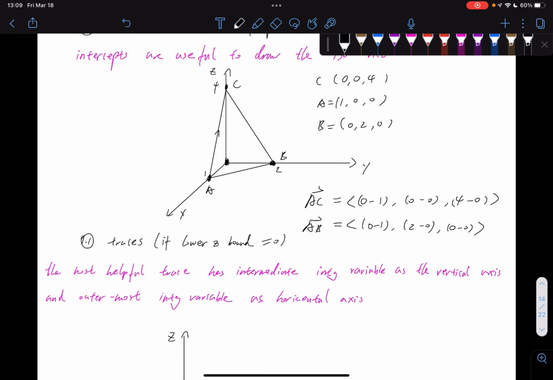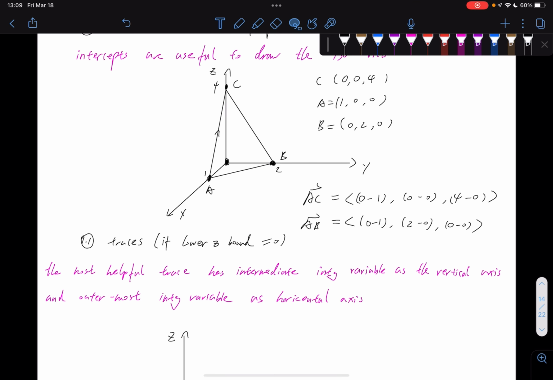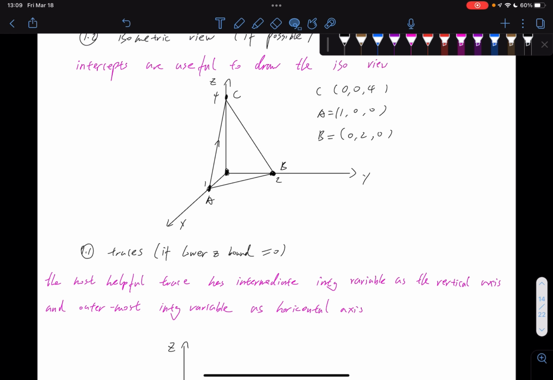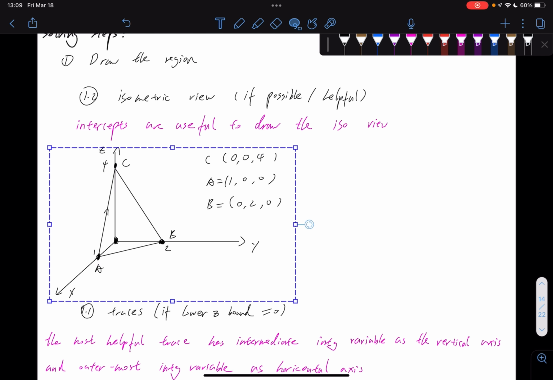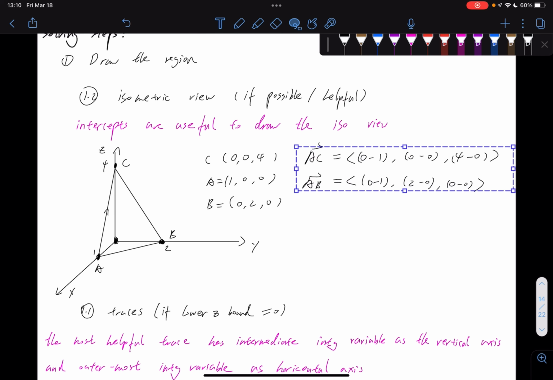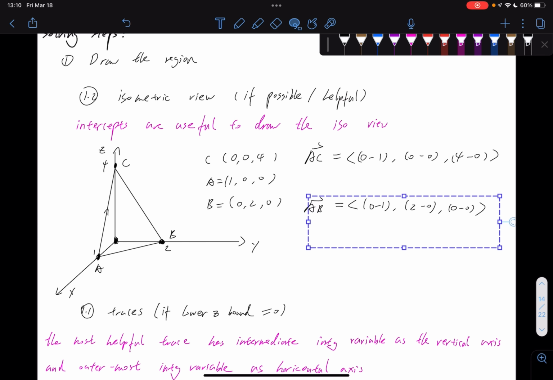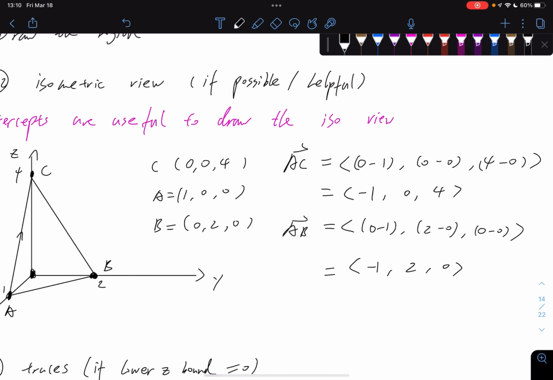So AC and AB equal: AC is -1, 0, 4, and AB is -1, 2, 0.